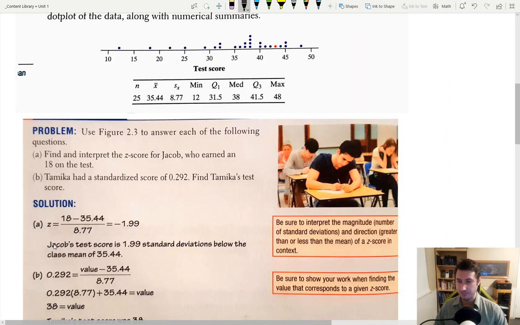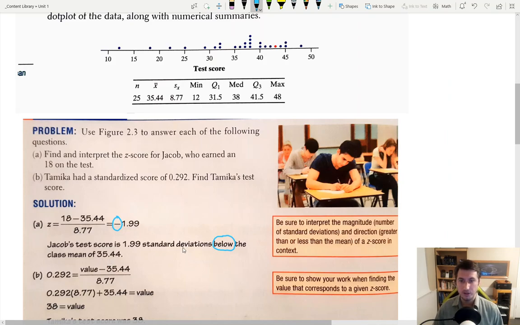So here's my context: Jacob's test score is 1.99, that's the z-score, standard deviations below. Now, how do we know it's below? Because it was negative. That means we are to the left of the mean. We are below the class mean of 35.44.